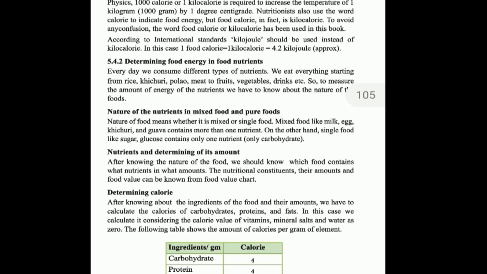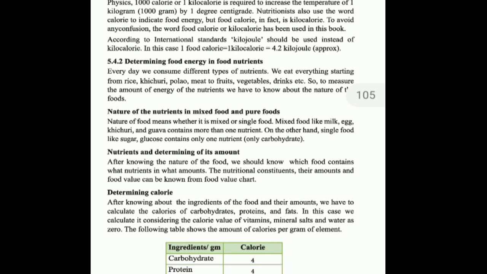Now I am going to describe the standard unit to calculate food energy. You know that there are various forms of energy. The energy released from food is heat energy. The unit to measure heat energy is the calorie.